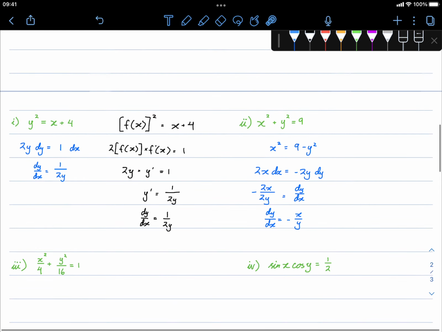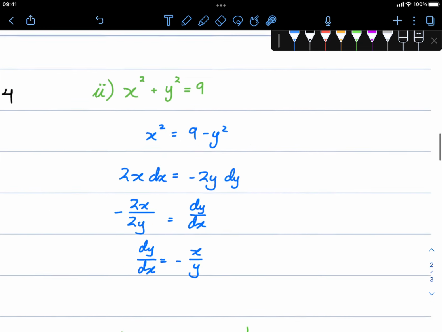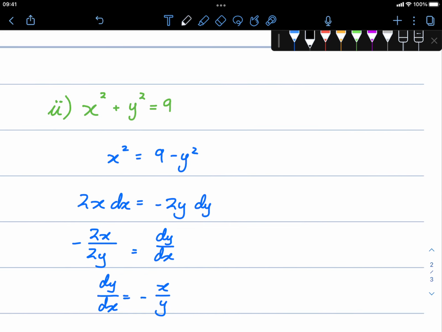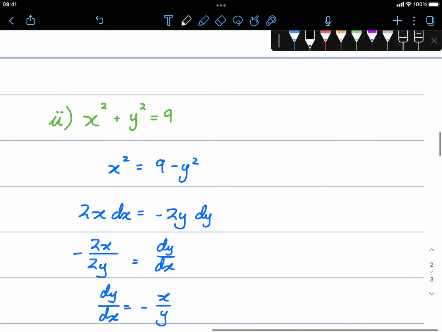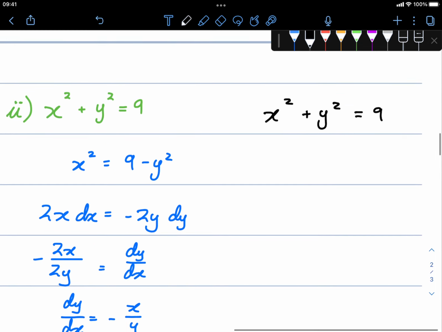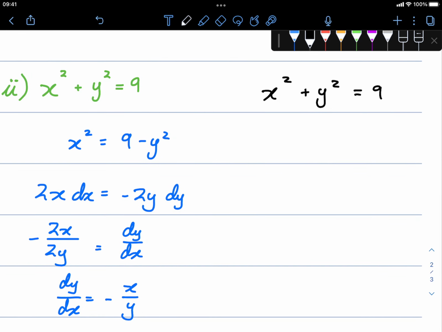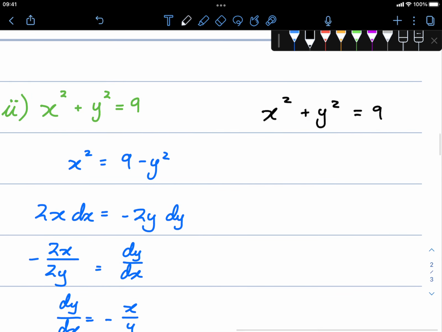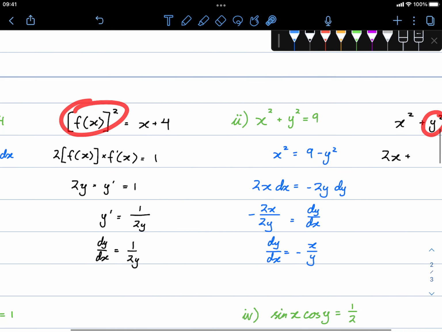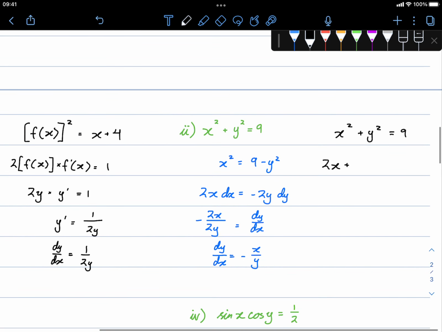Now, applying the second method, I'll demonstrate to you without using the f of x notation. So it'll become x squared plus y squared equals 9. We're differentiating everything with respect to x. So the derivative of x squared is 2x. The derivative of this, remember, looks kind of like this. We differentiate the outside, it's 2y times the derivative of the inside, which is y prime.